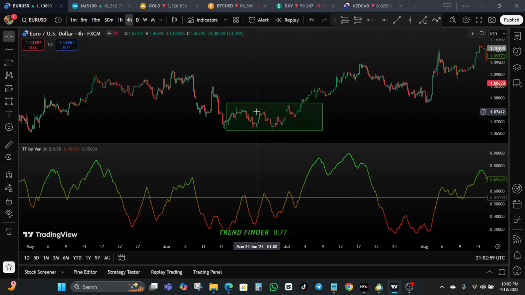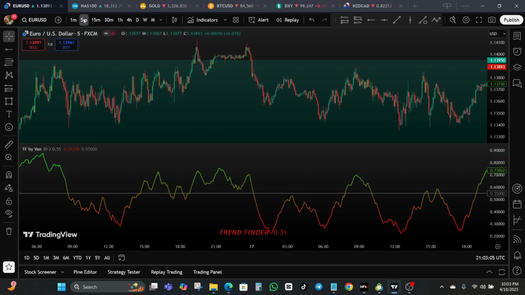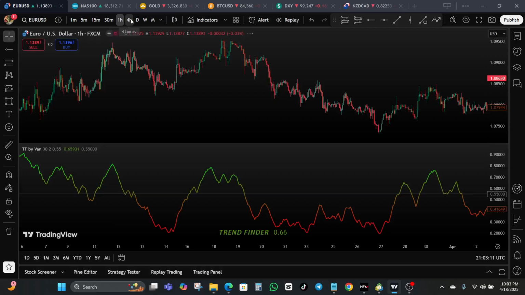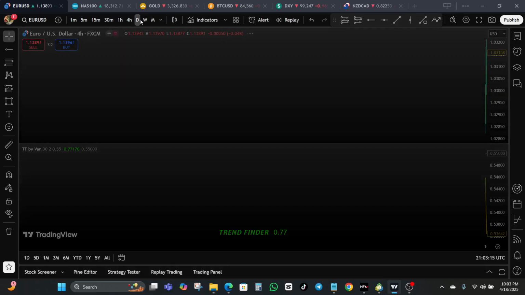Scalpers can use it on the 1 minute to 5 minute charts, while swing traders can apply it on the 1 hour and even 4 hour charts, or even the daily charts. So the flexibility makes it a powerful addition to almost any strategy.